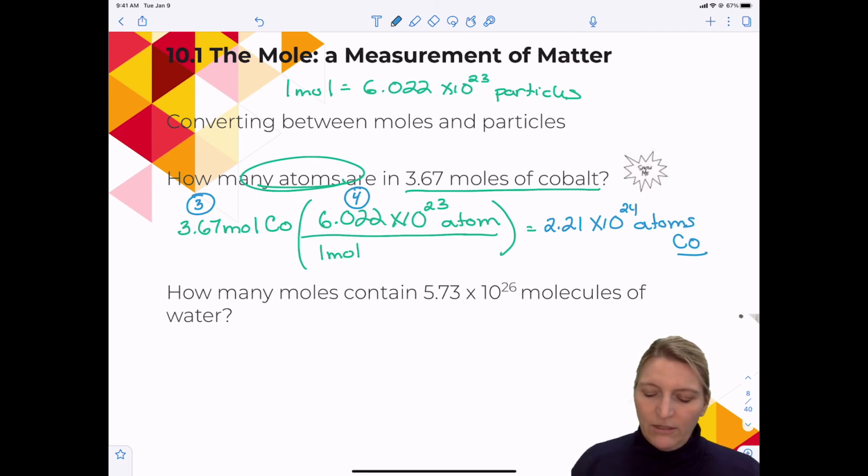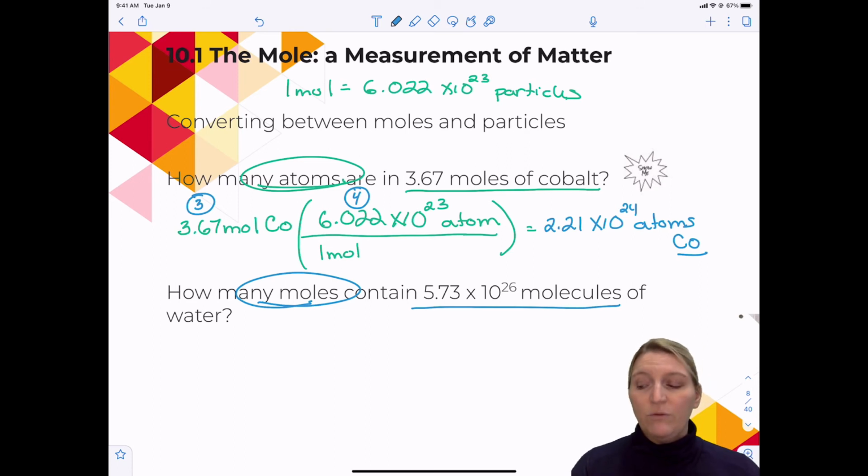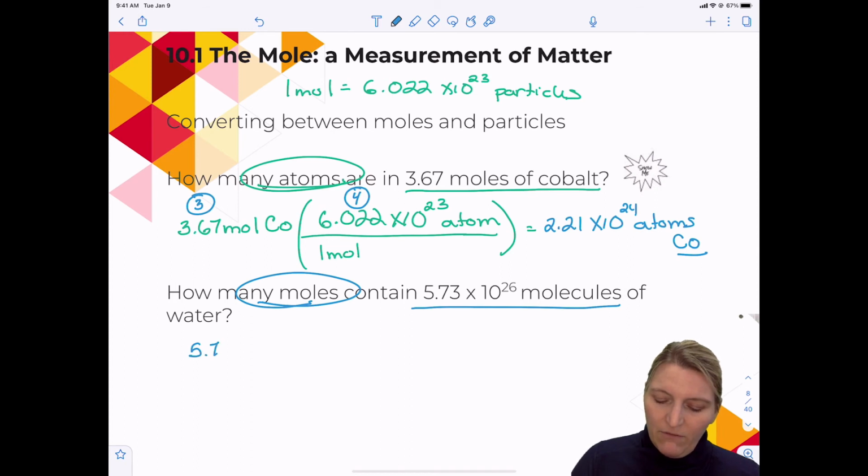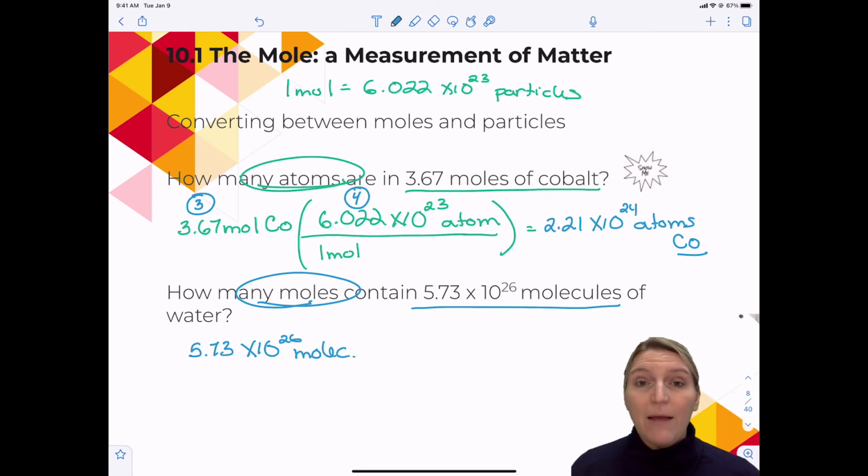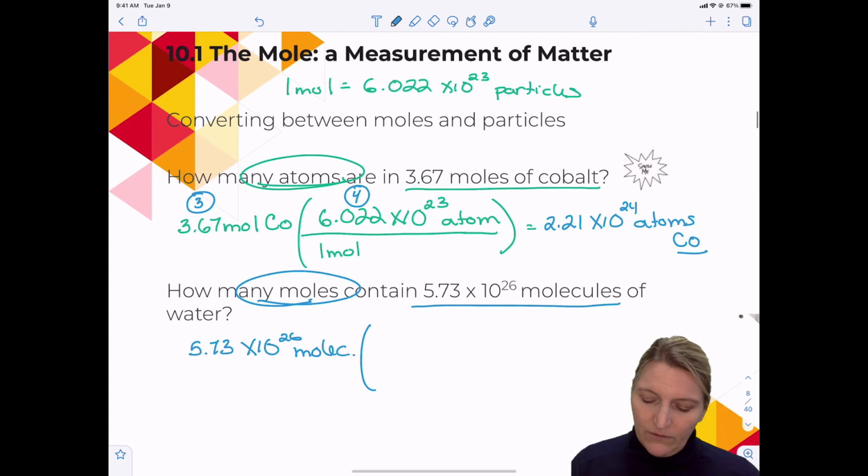The next question says, how many moles contain 5.73 times 10 to the positive 26 molecules of water? So I take the number that's given to me, 5.73 times 10 to the positive 26 molecules. If you want to abbreviate that word, it's molec.